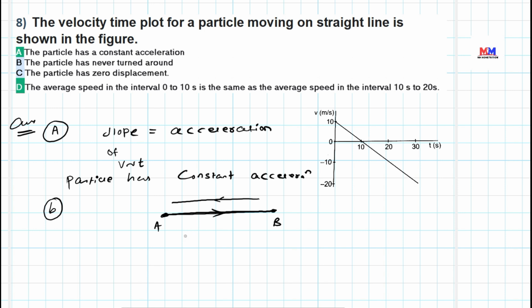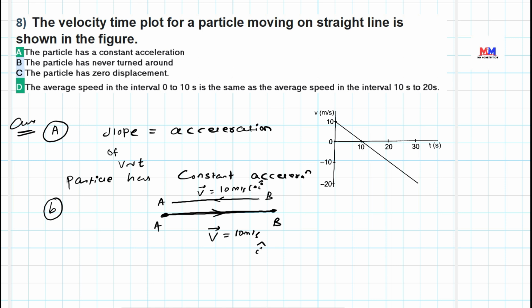When the particle moves from A to B, the velocity is 10 meter per second i cap, as it is moving along the positive x-axis. When it turns around and comes from B to A, the velocity is 10 meter per second minus i cap, because this is the negative x-axis.